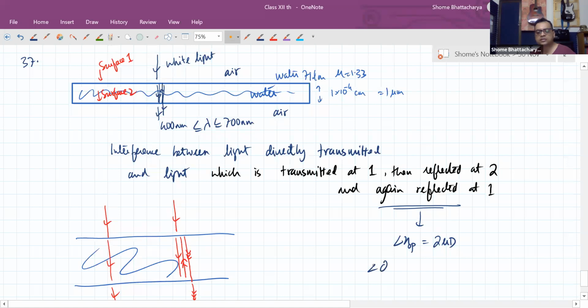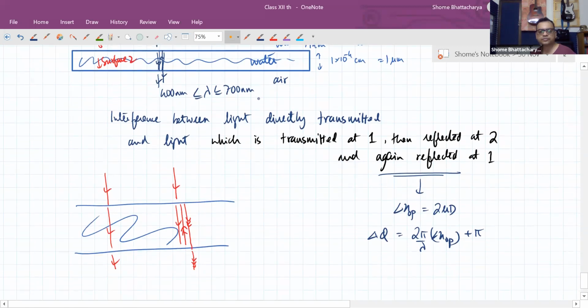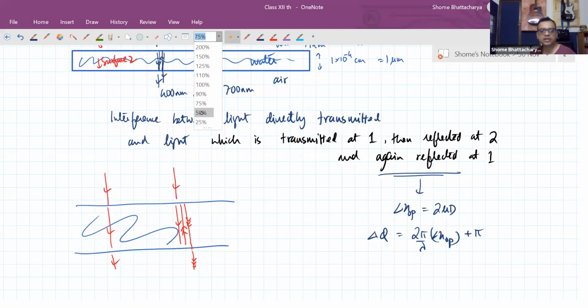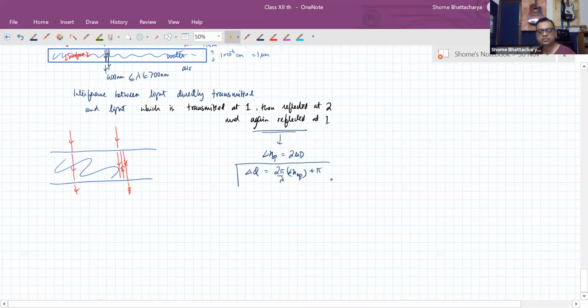The phase difference will be equal to 2 pi by lambda into the optical path difference plus or minus pi, because one of the reflections is going to be a soft reflection, the other a hard reflection.